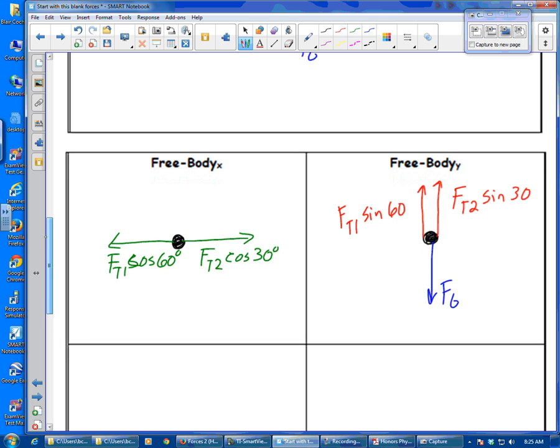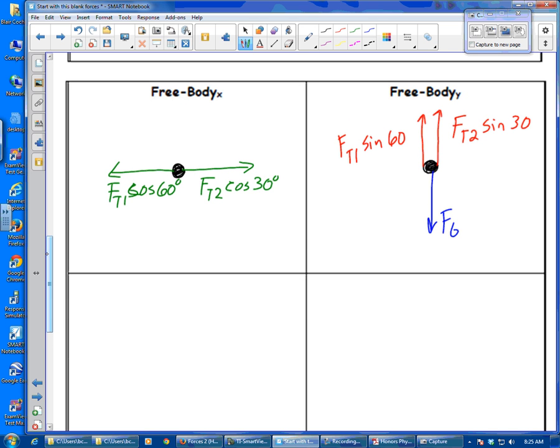Looking at it, my thoughts go to the fact that I only have T1 and T2 in my horizontal free body. So that's relating the 2 of them to each other, right? And over here, I've got T1 and T2, but I also have the weight of the object, so that's relating them to the weight. So I'm going to have to use both sides.